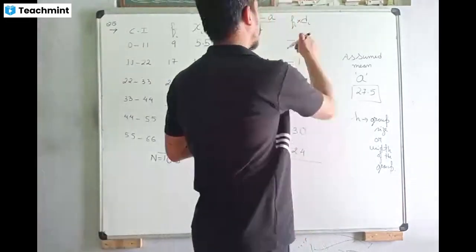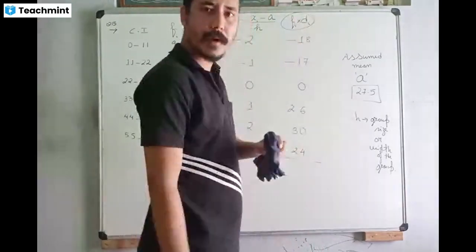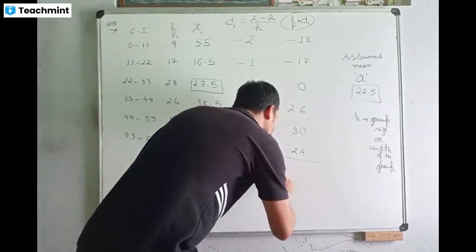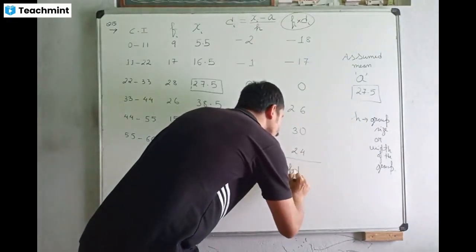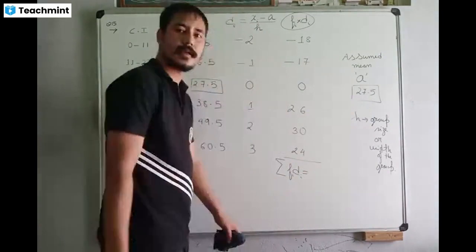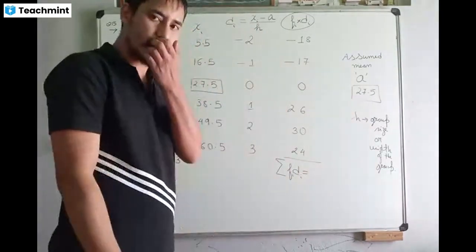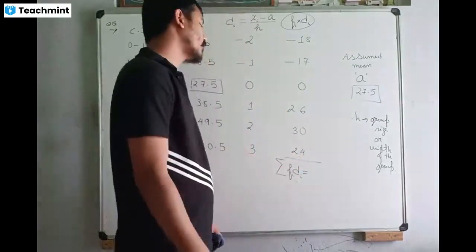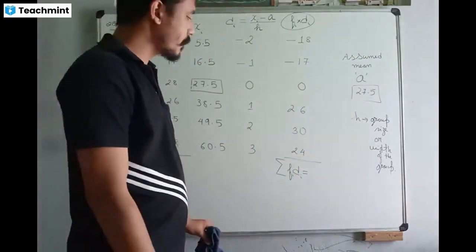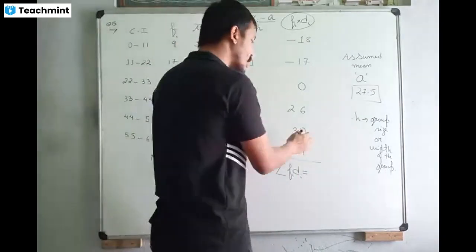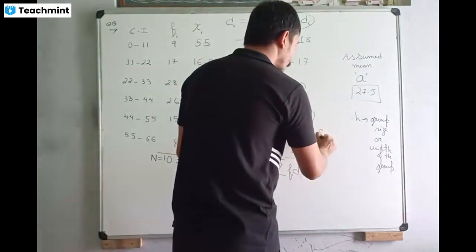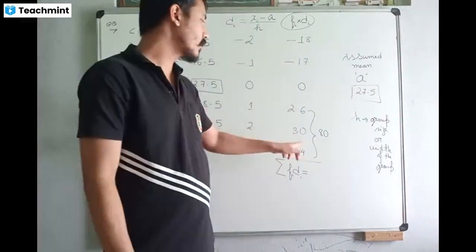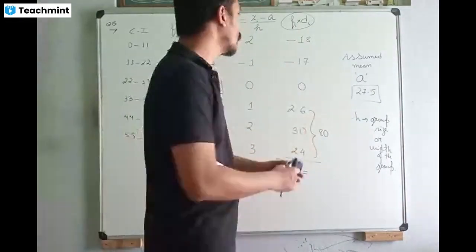Let's find out the sum of fidi. Let's add the values of fidi. 26 plus 24 is 50. 50 plus 30 is 80.